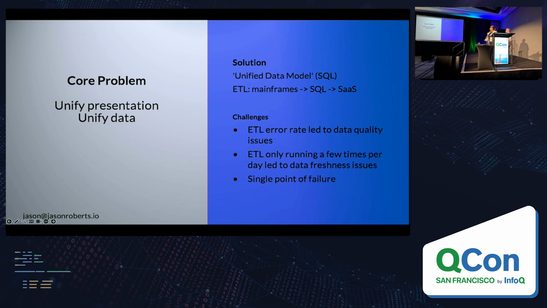So combining this data in an ETL led to a lot of data quality errors. Also, the batch nature of ETL meant this was run only a few times a day, which meant there were freshness issues with data, and this could definitely be a single point of failure.